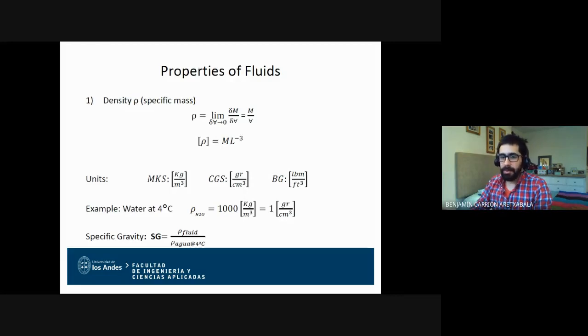And water, you might know this. A liter of water weighs 1 kilo, roughly. So a cubic meter of water weighs a ton, 1,000 kilograms. That changes slightly with the temperature, but it's more or less that.